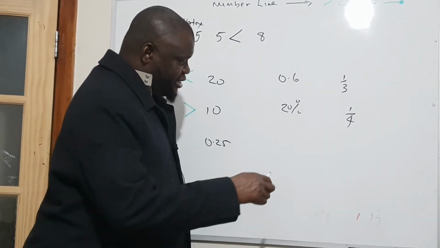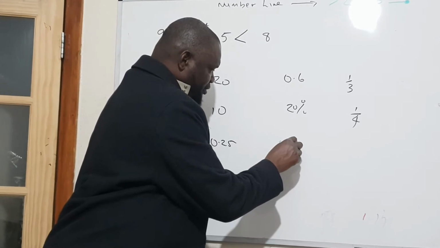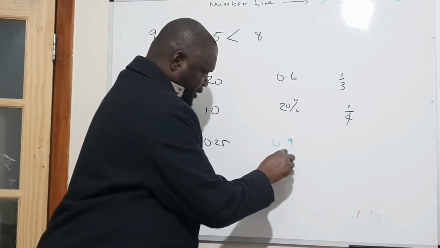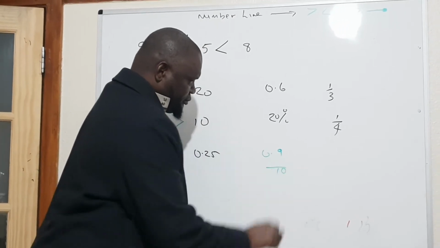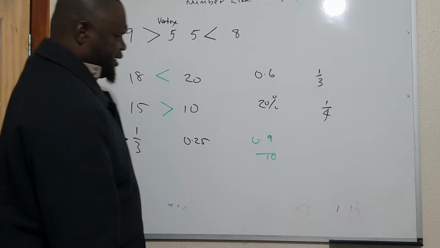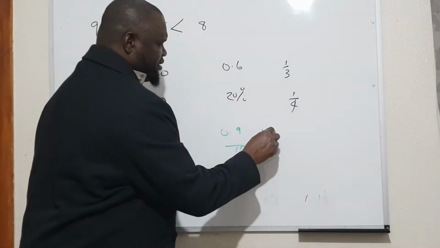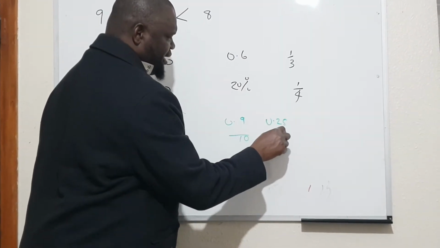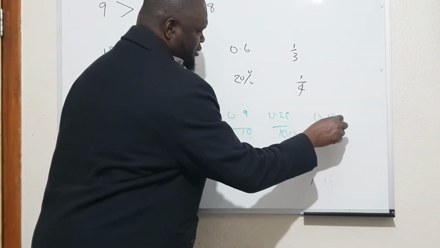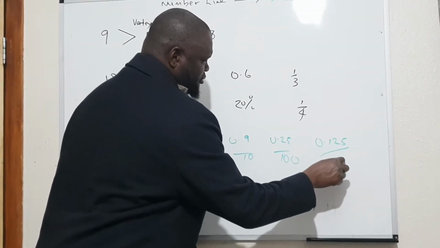If it is one number after the decimal point, you divide by how much? 10. So that's 9/10. If it is two numbers after the decimal point, you divide by 100. If it is three numbers, you divide by 1,000.